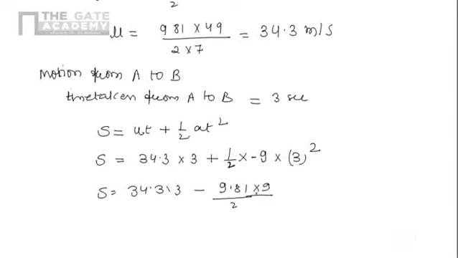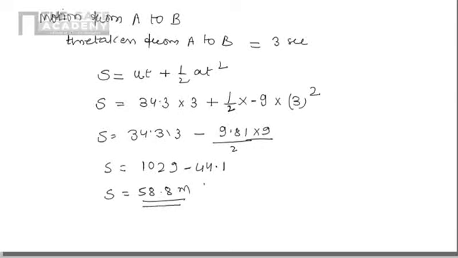If we simplify it, it will be 102.9 minus 44.1. It is nothing but 58.8 meter. So the height of B above A is 58.8 meter.